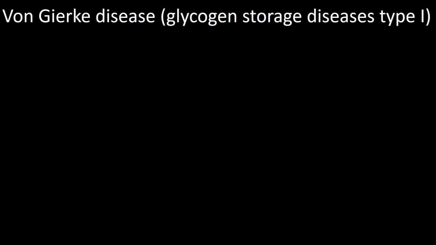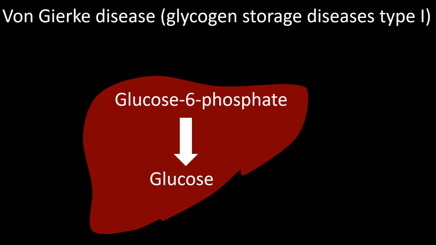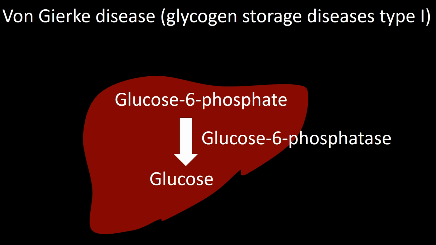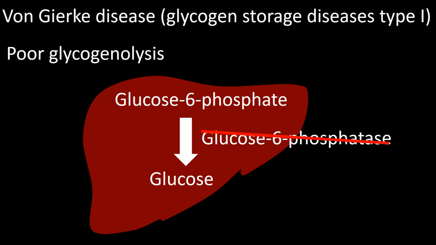The second named entity in this question is von Gierke's disease. This condition affects the liver's ability to produce glucose from glucose 6-phosphate. The enzyme involved is glucose 6-phosphatase. Malfunction of this enzyme will produce poor glycogenolysis and poor gluconeogenesis.